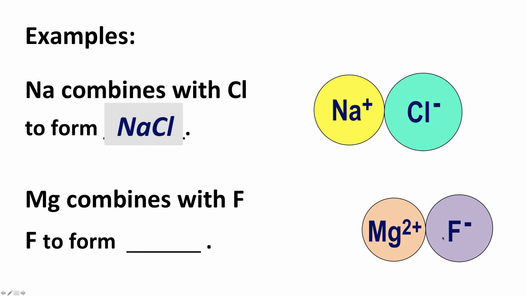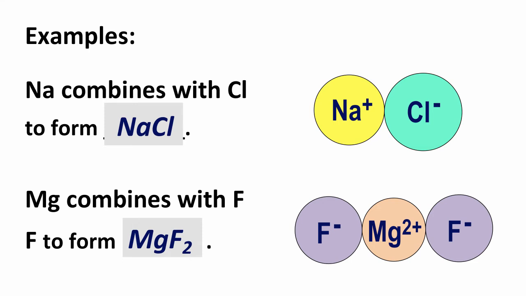But a +2 and a -1 don't balance off and don't end up being neutral. But if there's a second fluoride, then we have 1, 2 negative charges to balance a +2 charge from the magnesium. Overall, we get a neutral compound, and the formula for this would be MgF2. We have 2 fluorides for 1 magnesium ion, and this is called magnesium fluoride.